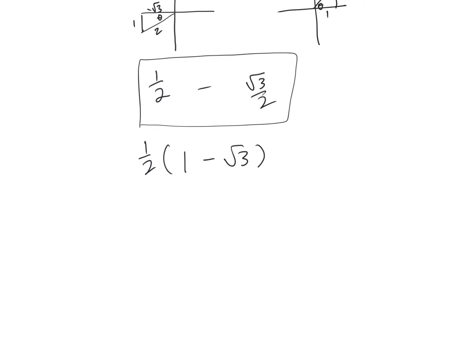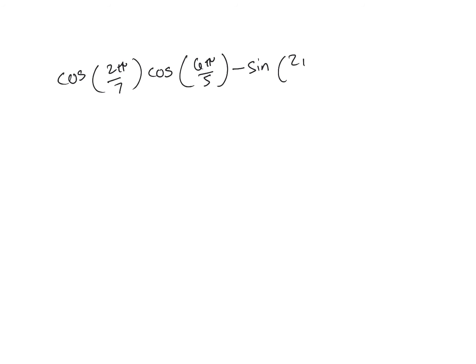Let's do another example. Let's say we have cosine of 2 pi over 7 times cosine of 6 pi over 5 minus the sine of 2 pi over 7 times sine of 6 pi over 5.